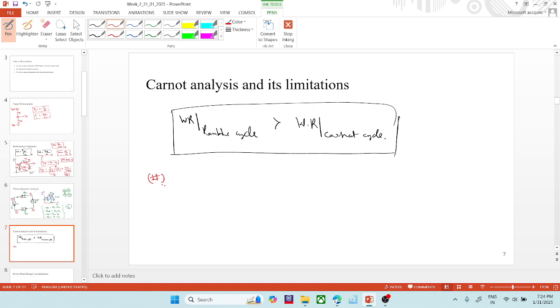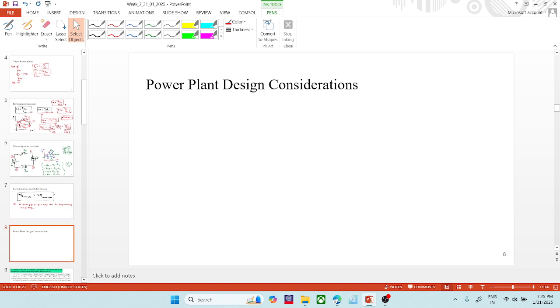We should prefer the plant design where the pump work, WP, would be least. So these things we have to keep in mind.